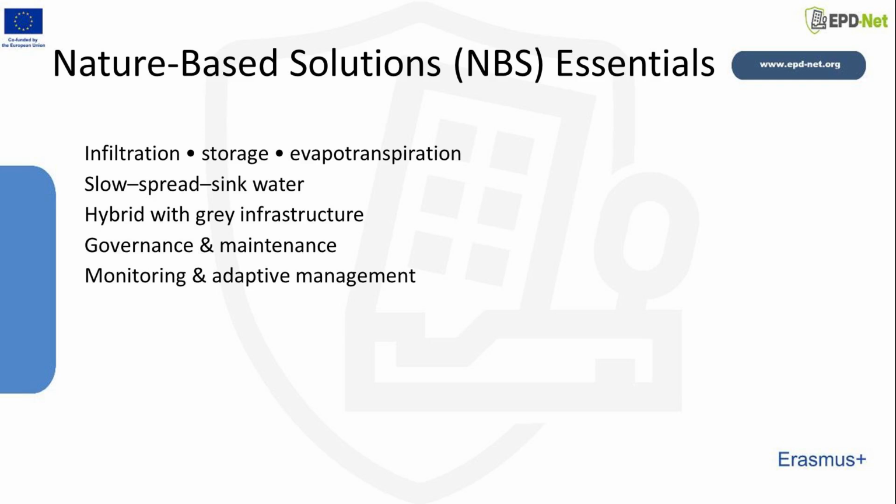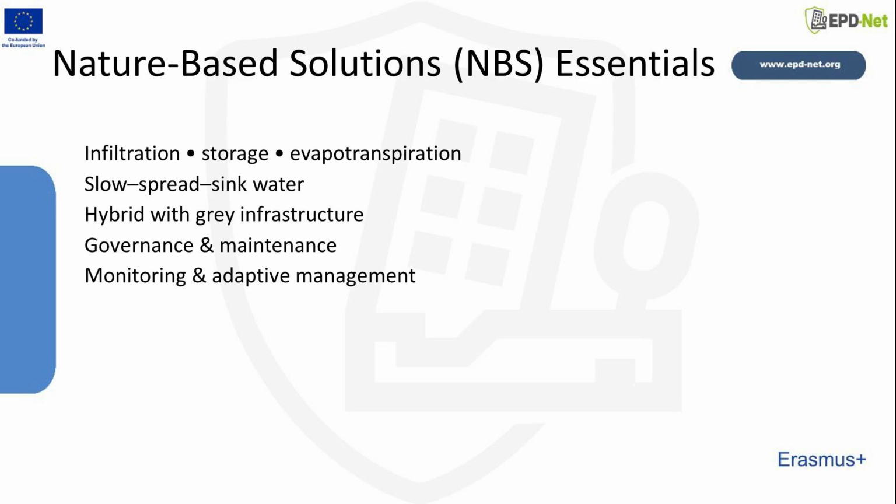Nature-based solutions, NBS, are actions that protect, manage, or restore ecosystems in ways that address societal challenges and deliver human well-being and biodiversity benefits. In flood contexts, NBS overlaps with green-blue infrastructure, permeable landscapes, restored waterways, wetlands, urban forests, and distributed retention features that work as a system.